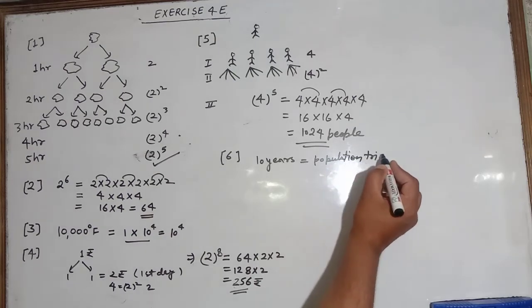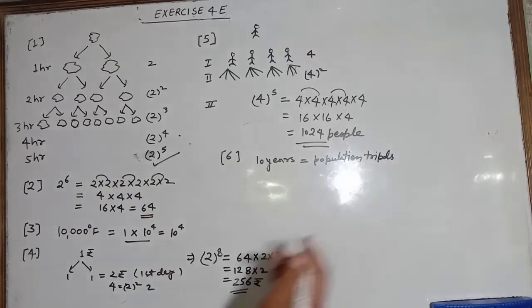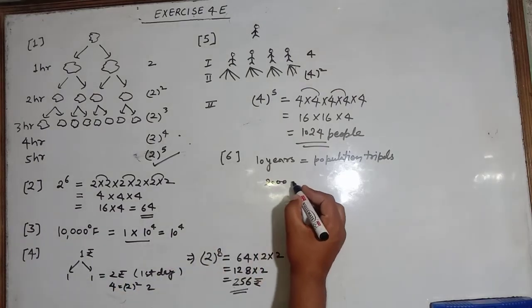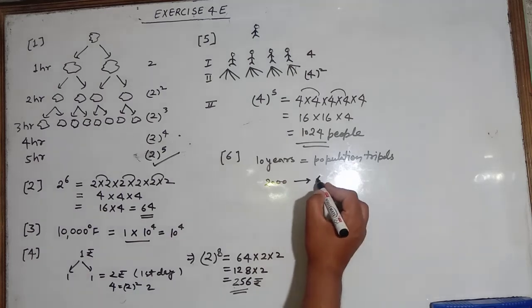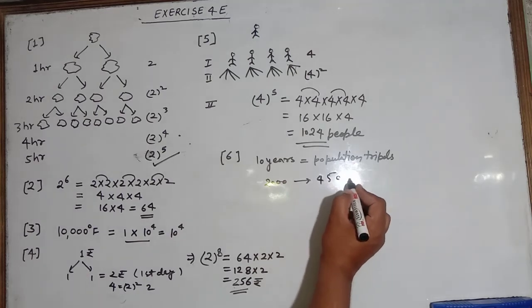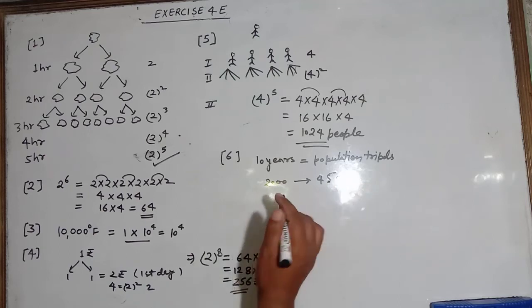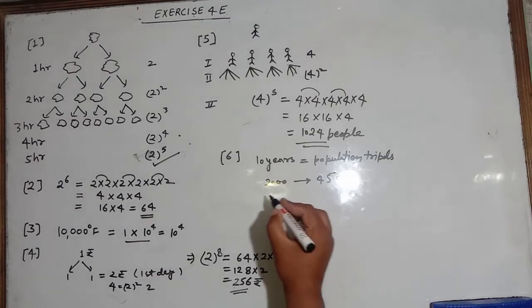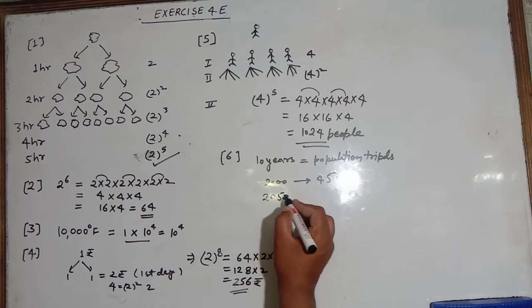If the population in 2000 was, initially in 2000, 45000. This was the population in 2000. So how many people will be living in this town in 2050?